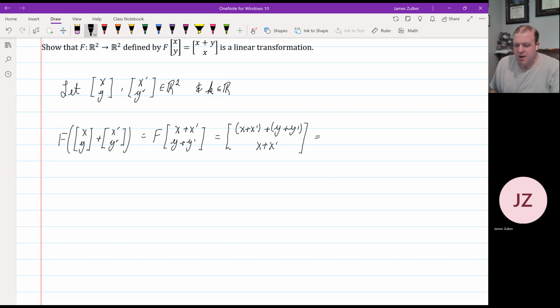But since x, x prime, y, and y prime are all real numbers, we can rearrange this however we want.